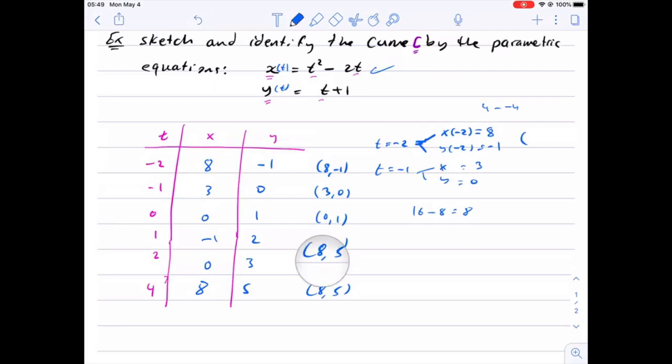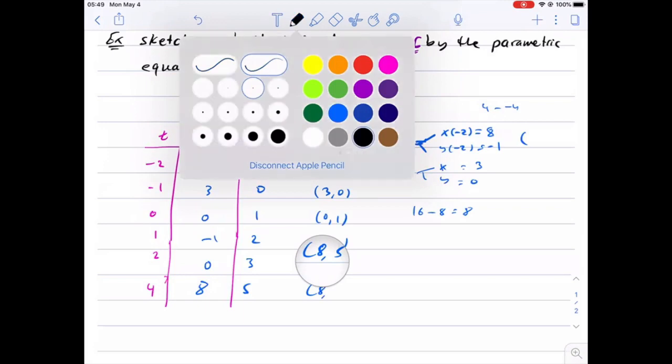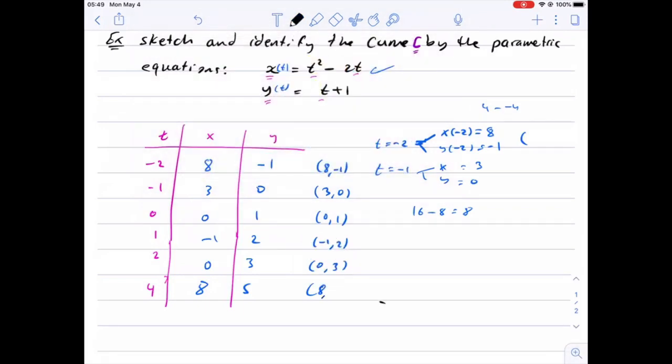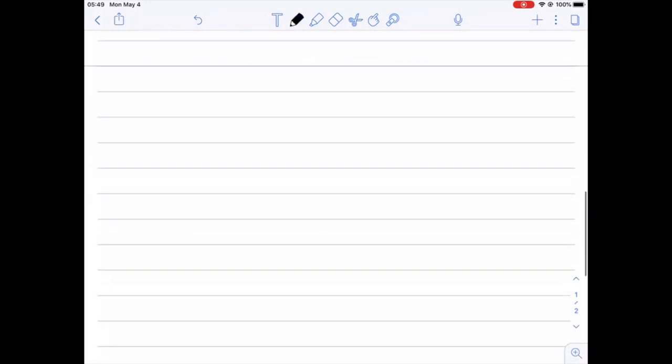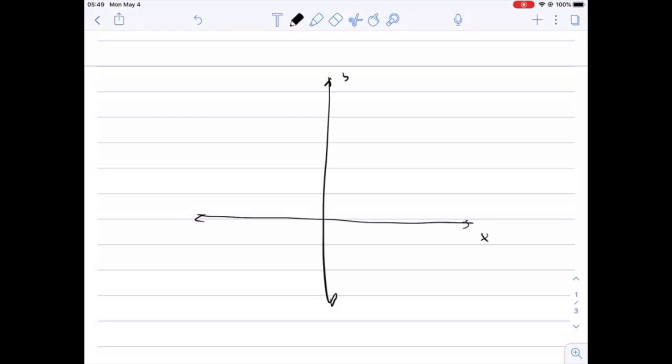After determining these ordered pairs, we can graph this curve. We have the x-axis and the y-axis, and we plot these points.